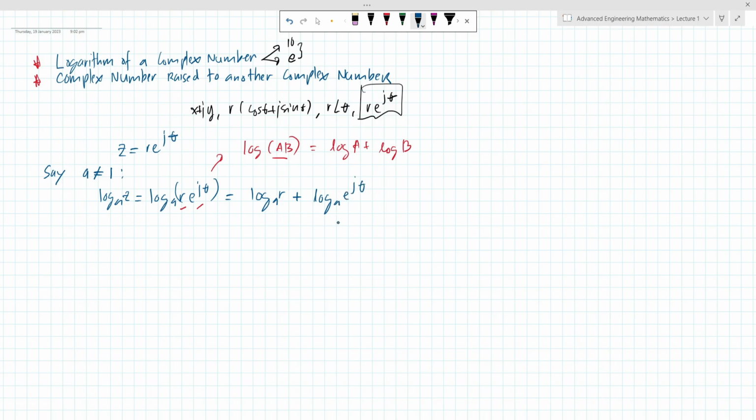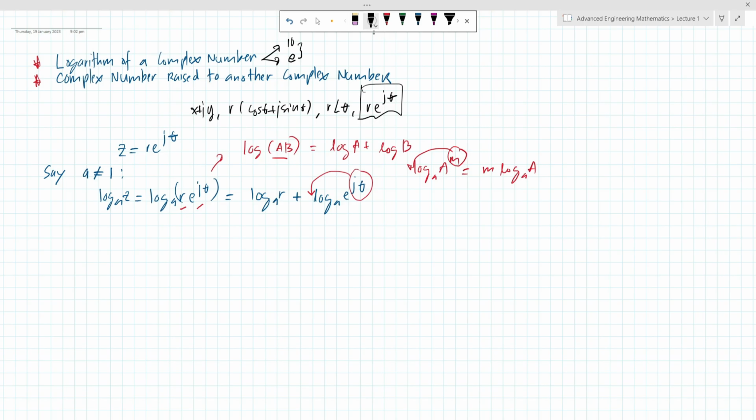Again, we can use another property of logarithm. If we have a power inside the logarithm, say log of a raised to m, you can put the exponent outside, so that is m log of a. So it is just writing j theta beside the log.